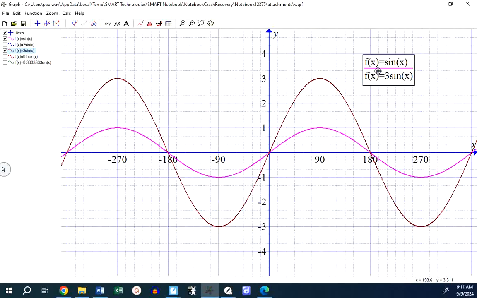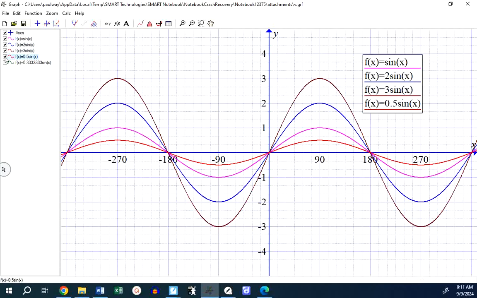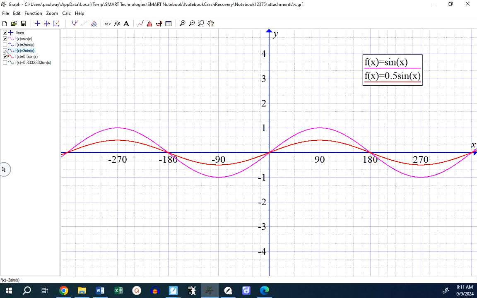Kind of. There's a wrinkle or a little exception to that, something that we have to take into account sooner or later. 0.5, that's the red, 0.5 sine of x is vertically stretching sine of x by a factor of 1/2. And obviously the x-intercepts are invariant because they are neither above nor below.